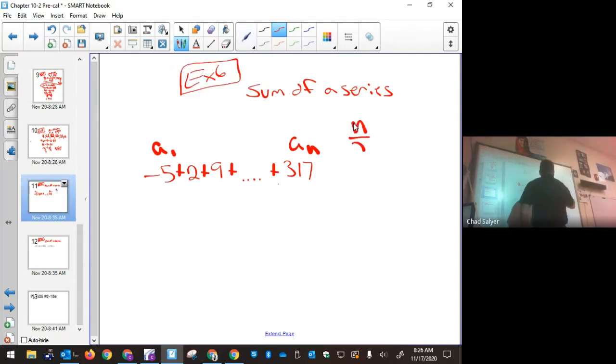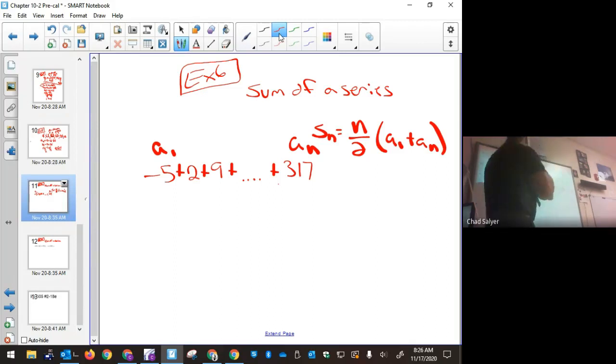So n over 2 times a sub 1 plus a sub n. That'll be the sum that we're looking for, but we need to know the n value here. So I know a sub 1 is negative 5, and then I know the d value is 2 minus a negative 5, or 7.